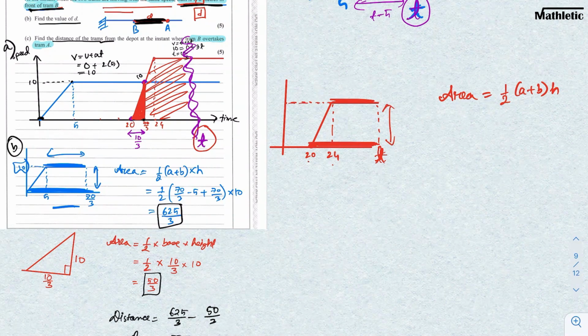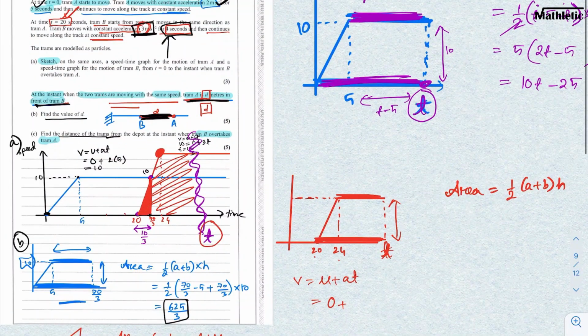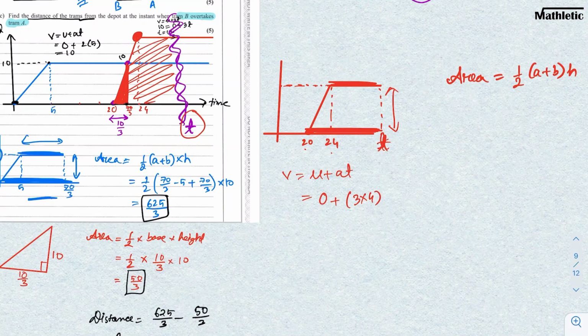For the final velocity, v equals u plus at. U is 0, starting from 0 here. The acceleration for this one was 3 and the time was 4, so 3 into 4 gives us 12.